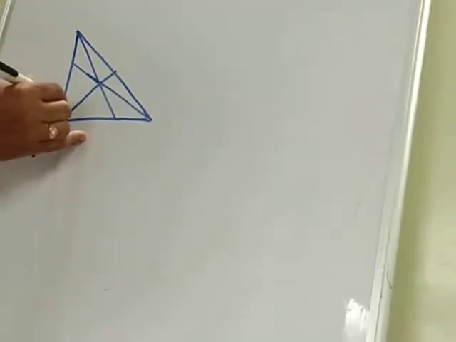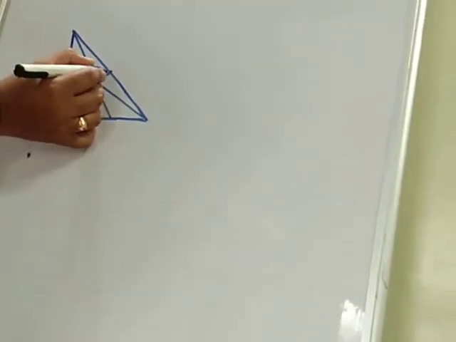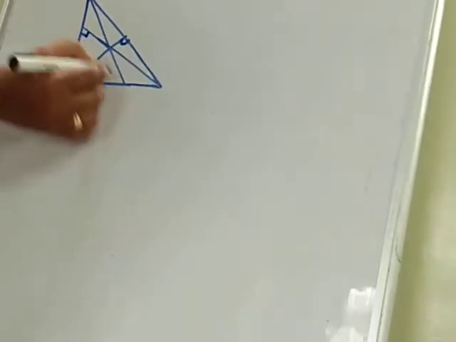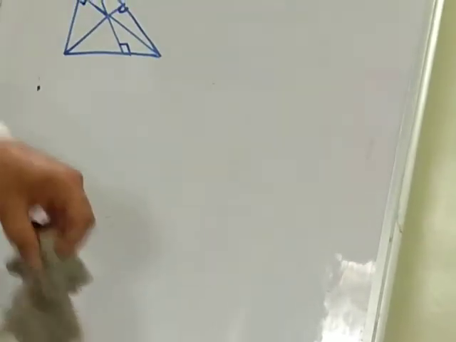That means it is also a right angle triangle. Okay, this is the drawing of altitude with the help of set squares.